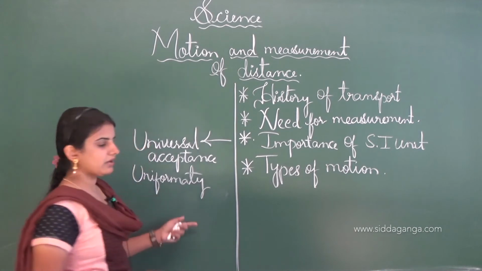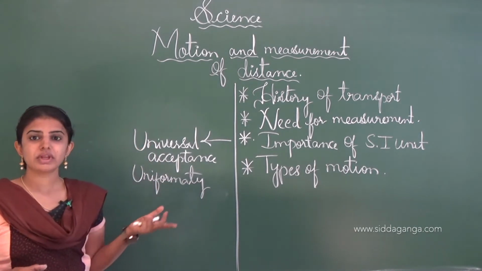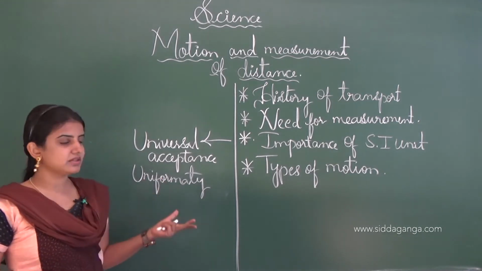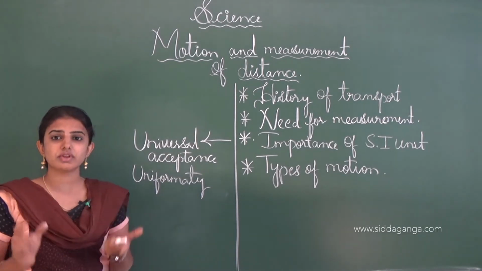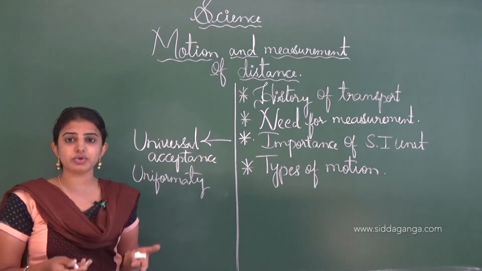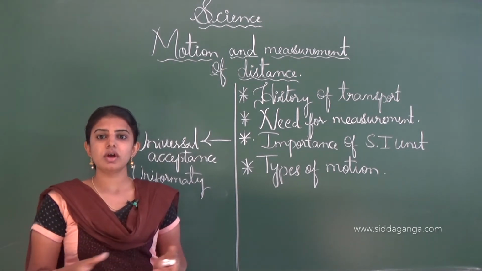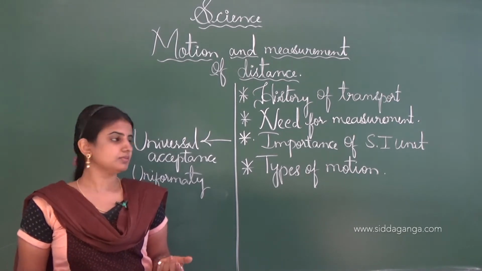This SI unit has universal acceptance and uniformity throughout the world, and thereby we can say that is the importance of the SI unit. See, without having proper and accurate measurement, we can't even get to know about the measurement, that is the length, we can't even know about the length.